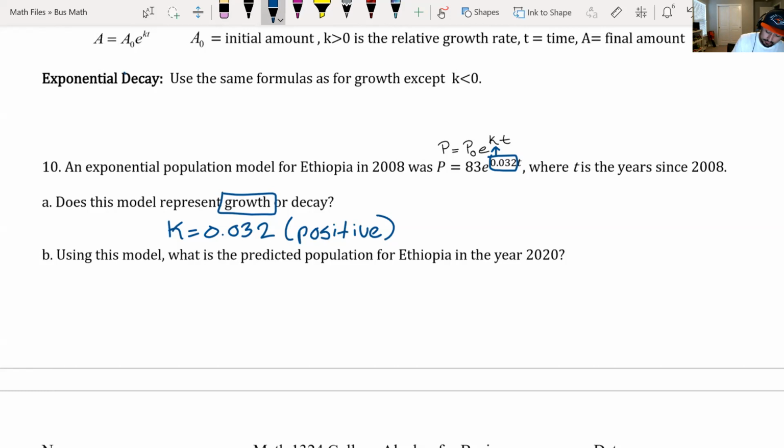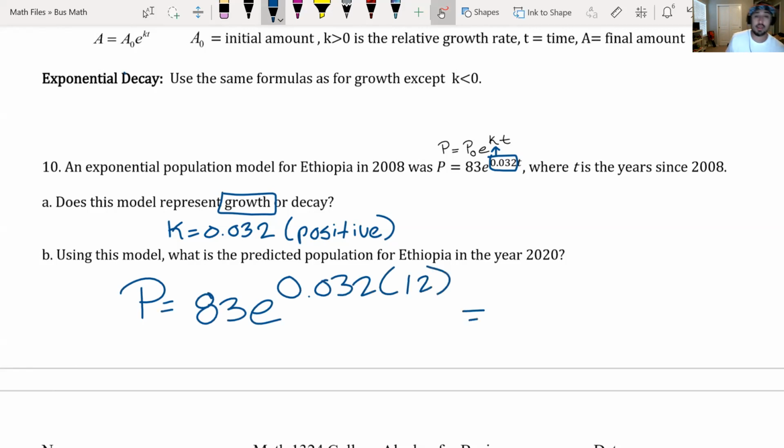So we would write P equals 83 times e to the 0.032 times 12. And you type it in your calculator just as I wrote it. All right, 83 times e to the 0.032 times 12. And we get 121.86.